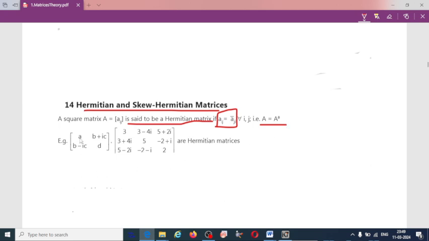So here is the example for Hermitian. This is a 2 cross 2 matrix.